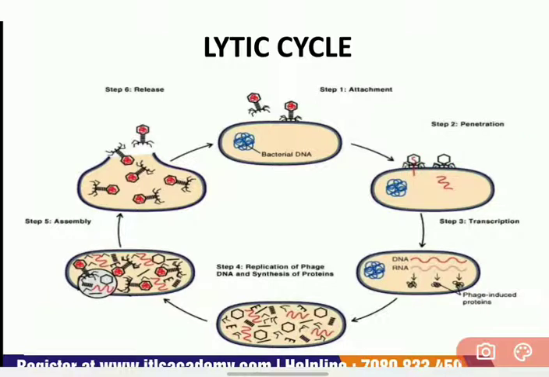After penetration, genetic material comes into the bacterial cell. You can see the red color genetic material of the phage coming out of the phage, and here it came into the bacterial cell.